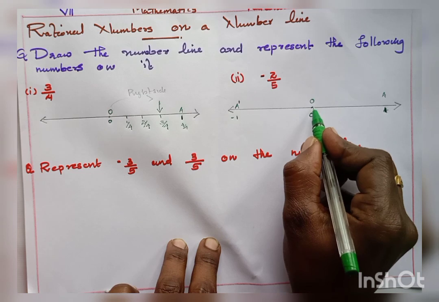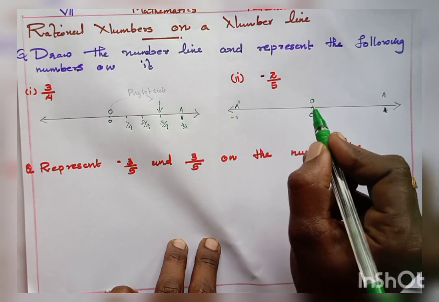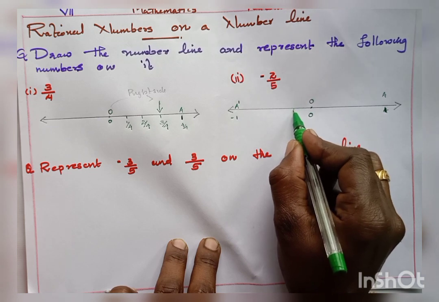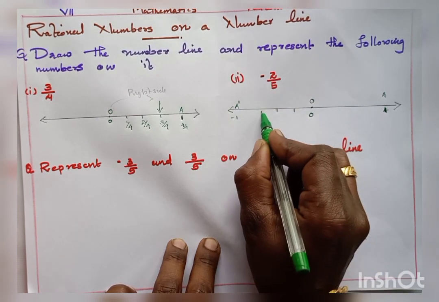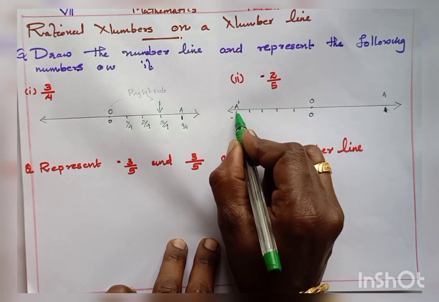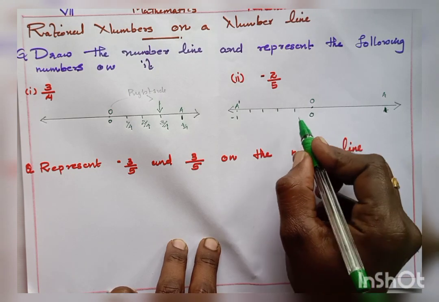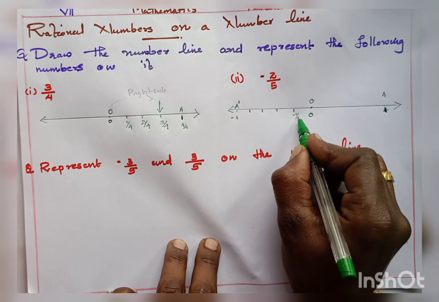Then between O and O dash, take the denominator 5 as equal parts. First equal part, second equal part, third equal part, fourth equal part, this is the fifth equal part. Then the first equal part is minus 1 by 5.